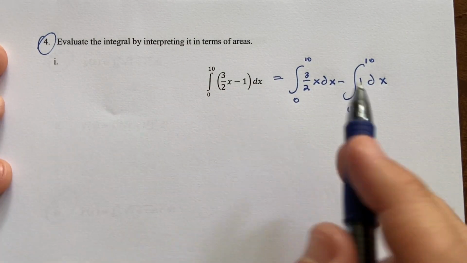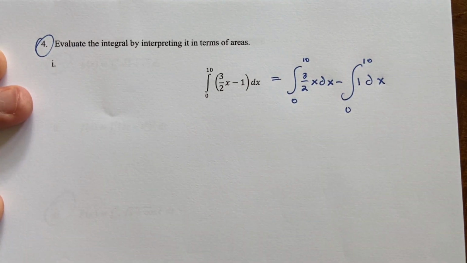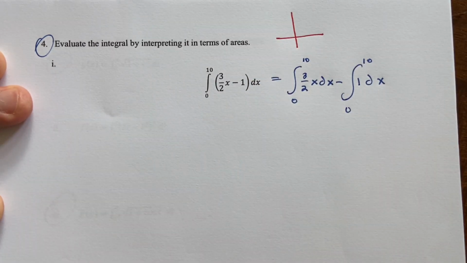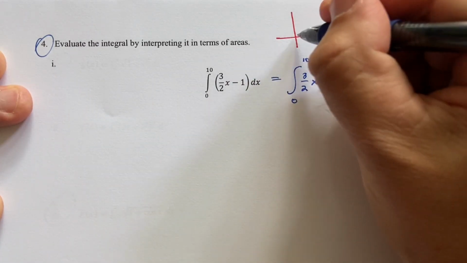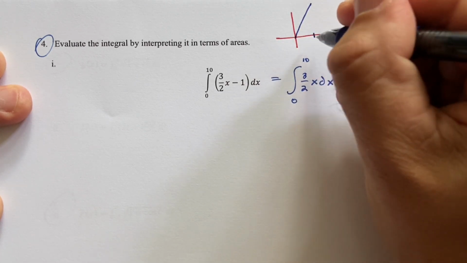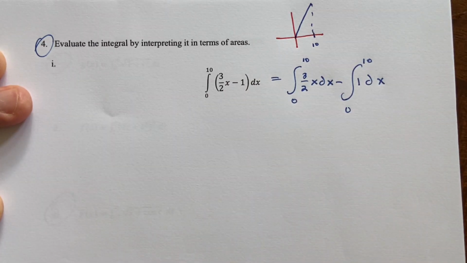So this area, let's just draw a picture for it. You would have something like a line coming through this way from 0 to 10, right? So you'd have a triangle.